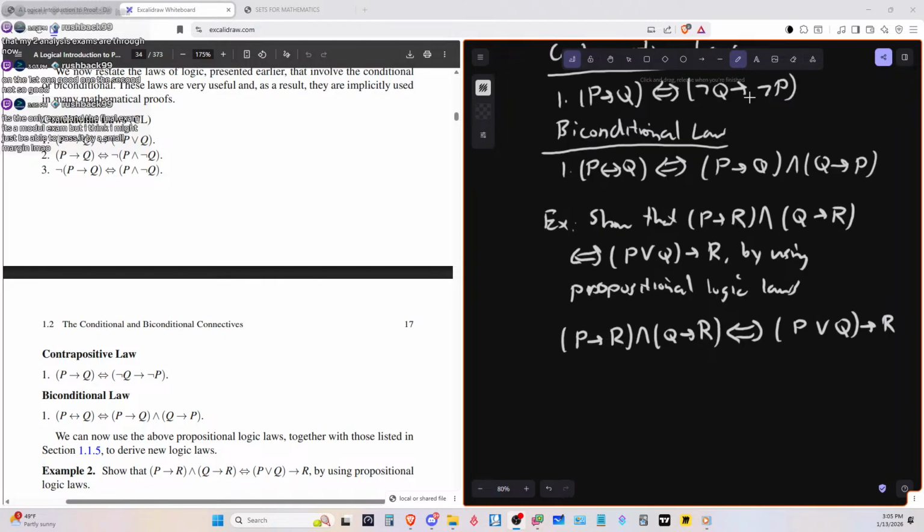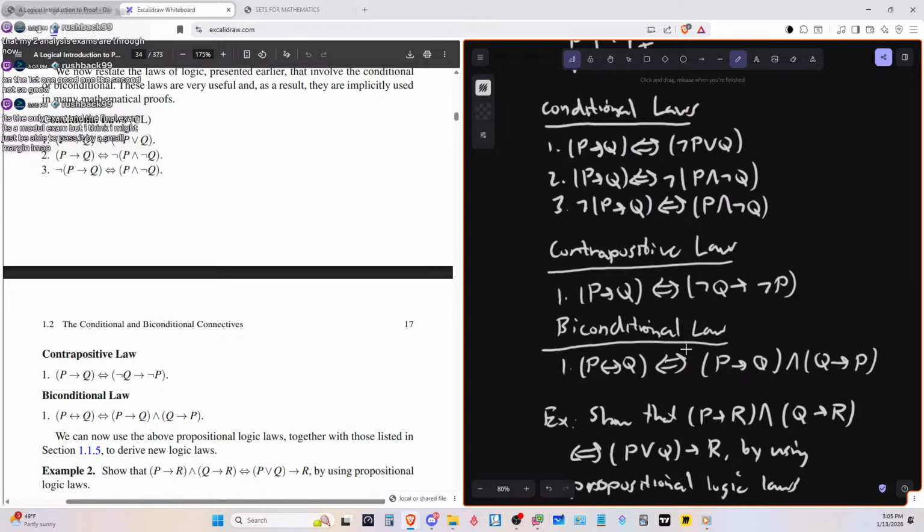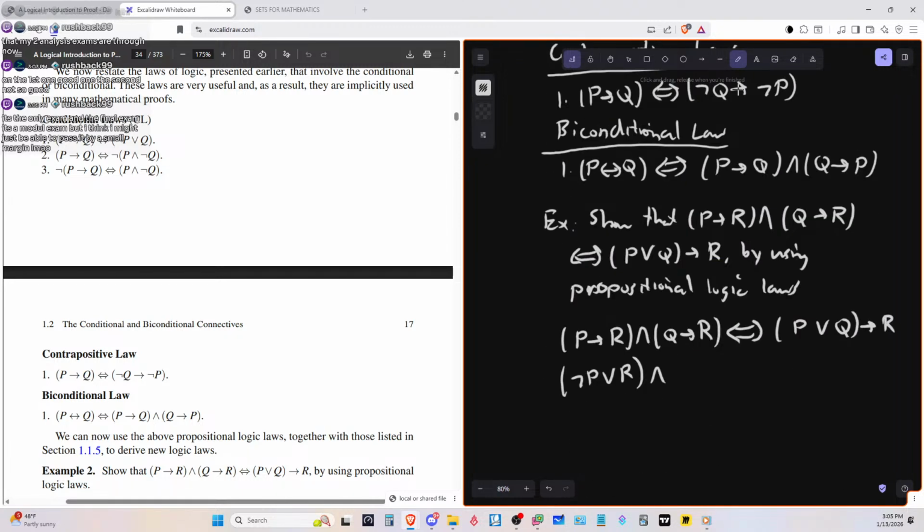So if P implies R, then that would mean not P or R, and so this one is the conditional laws. So not Q or R. So, this is the conditional laws.